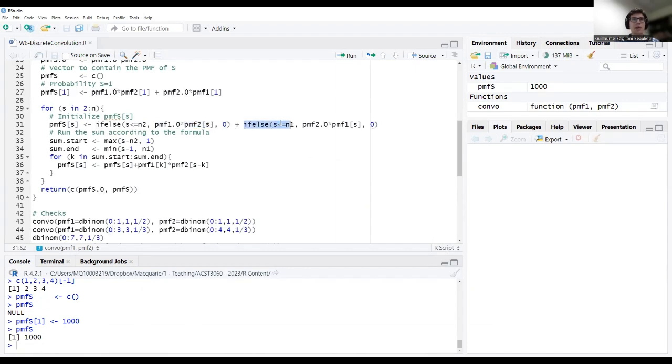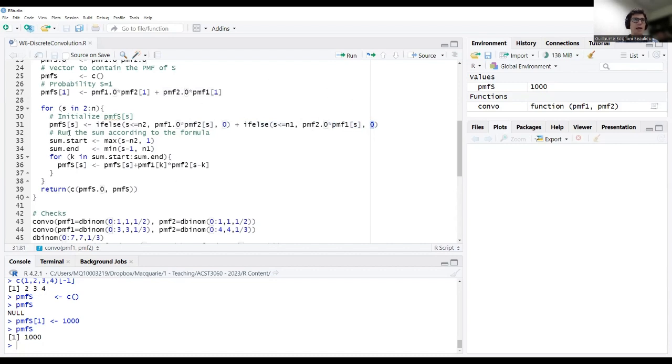And same thing, if S is smaller or equal to n1, then the second term in the summation, which is dealt with manually in my PDF formula, would be the probability X2 is 0 times the probability X1 is S. Otherwise 0.